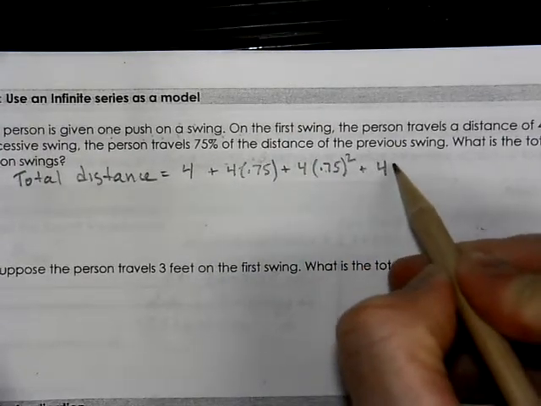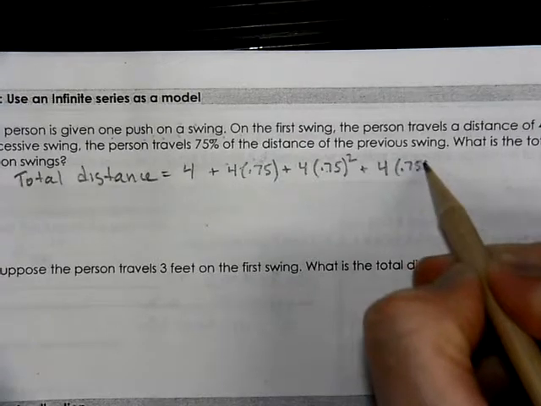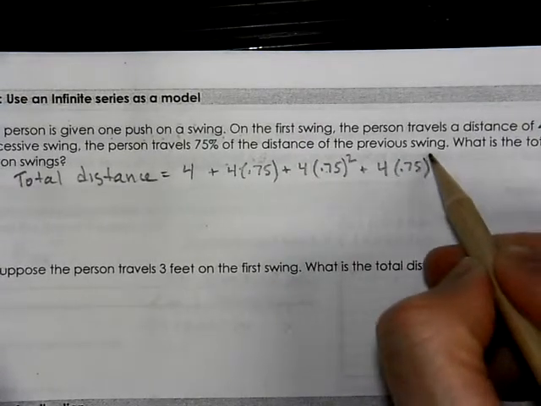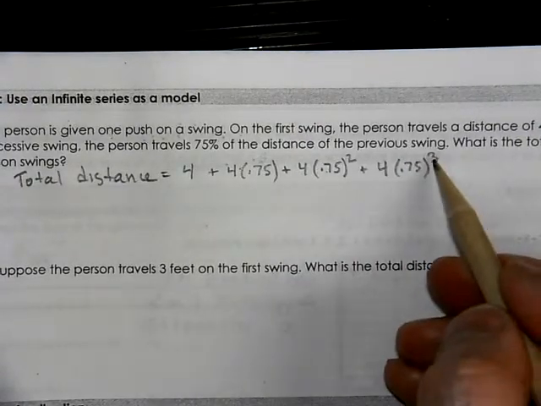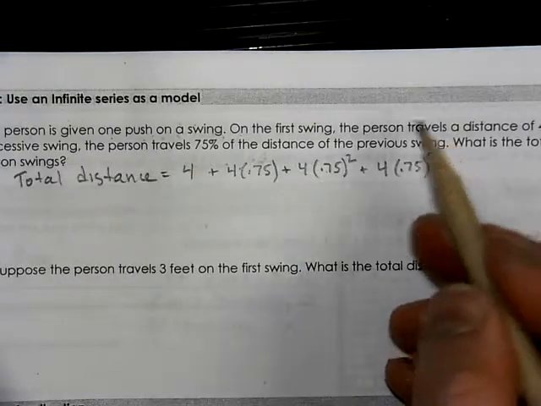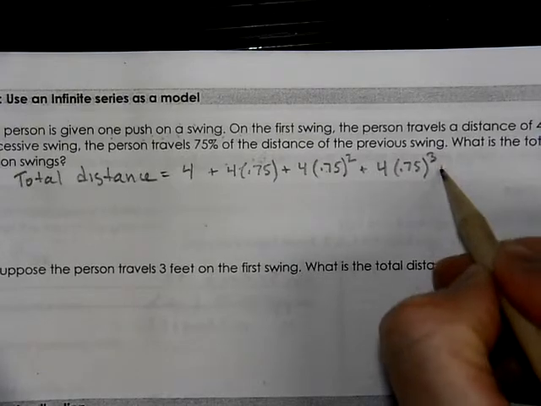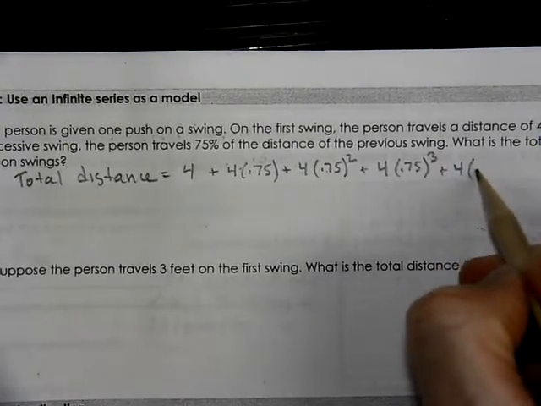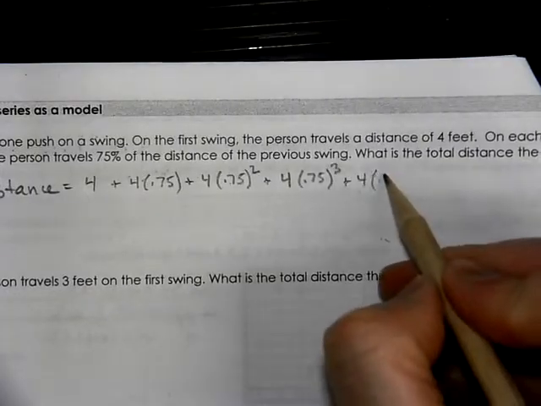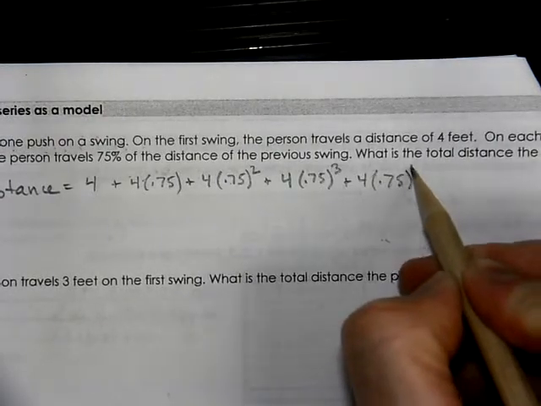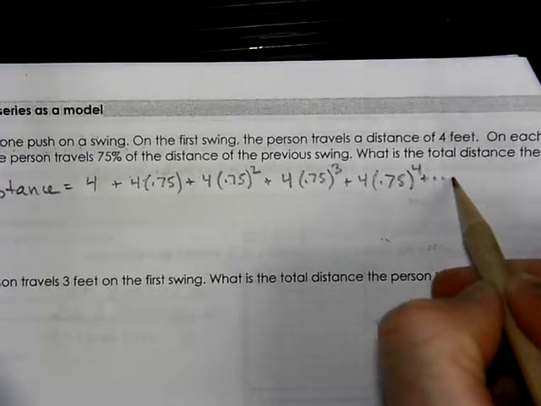Now we're going to take the 4, 75, and we're going to take 75% of the previous number again. And we could continue this on. Each swing is going to be 75% of the previous swing.